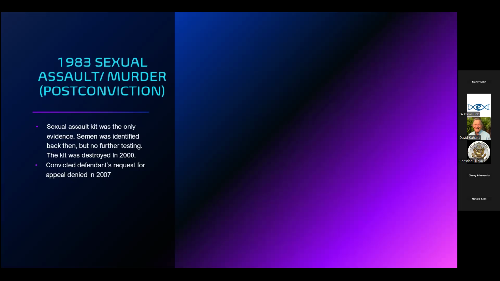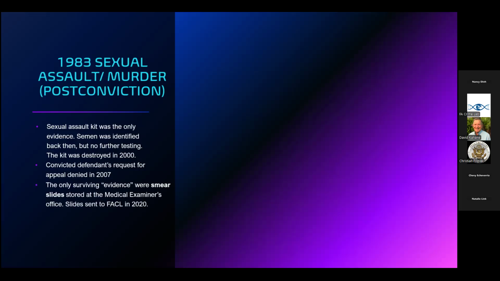This is truly miraculous, because almost always those smear slides that were created during the sexual assault exam go into the sex assault kit. So they should have been destroyed in 2000, but for some reason, they were preserved at the medical examiner's office.